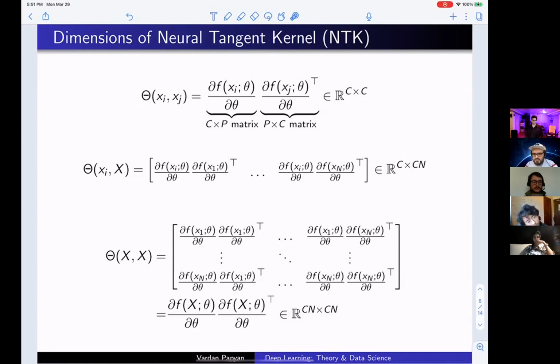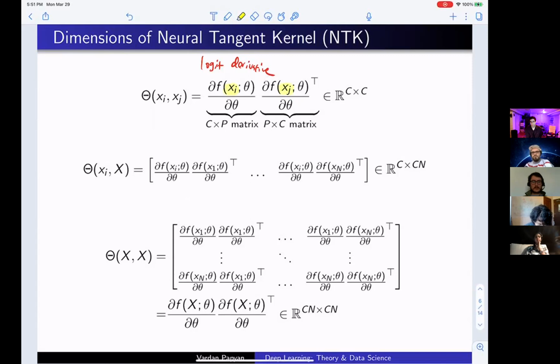A kernel is supposed to be able to calculate inner products. Inner products between what? A kernel takes as input xi and xj, which are two examples, and it's calculating the inner product between df(xi, theta)/d theta, the logit derivative, with the same thing, but with j. You see, xi, xj.